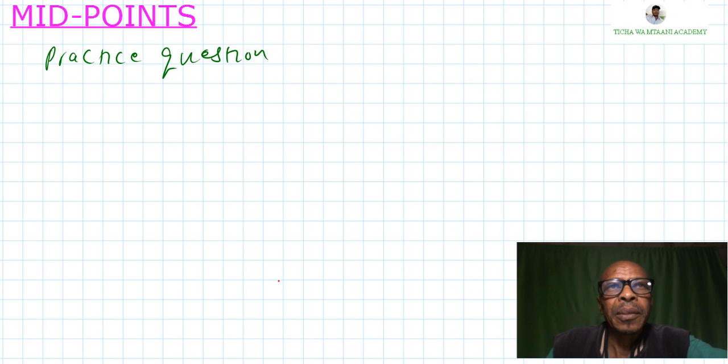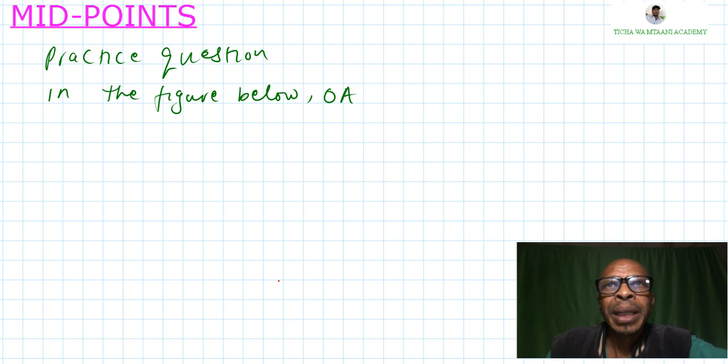You can try this, and we are told in the figure below, OAB is a triangle.